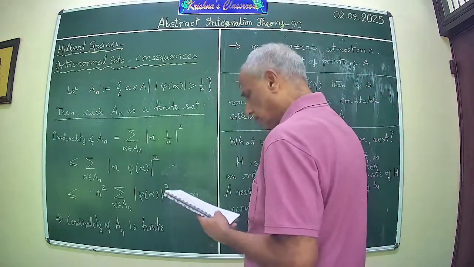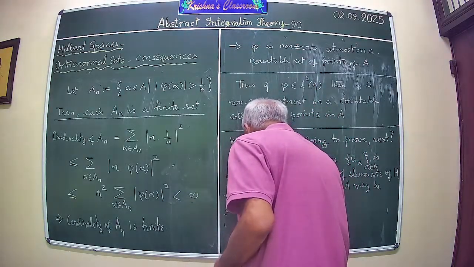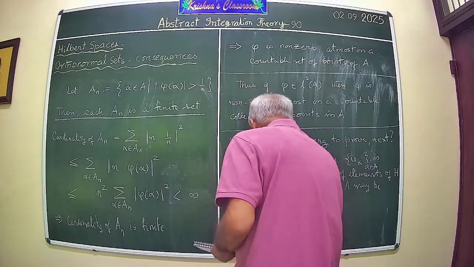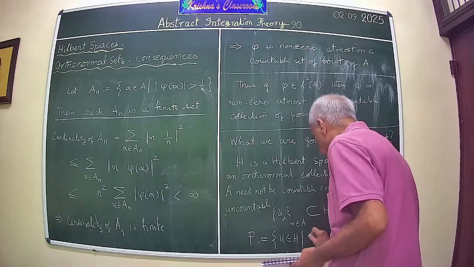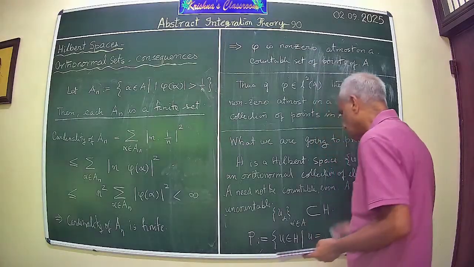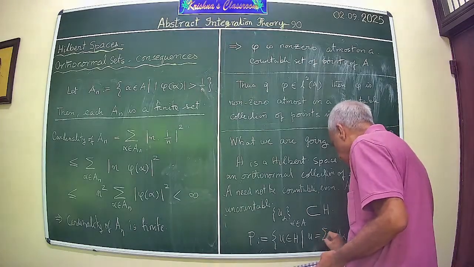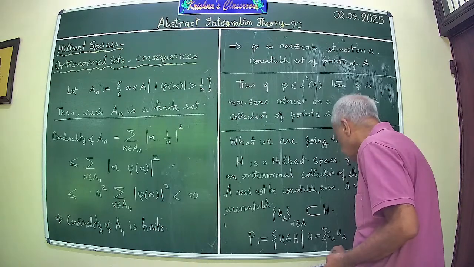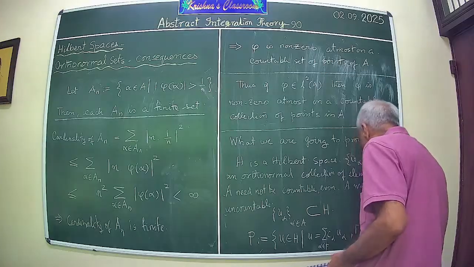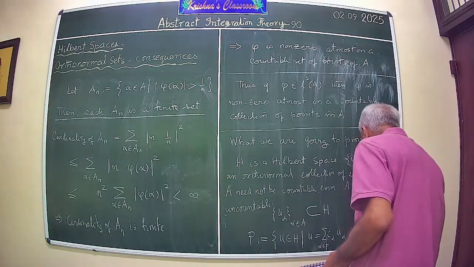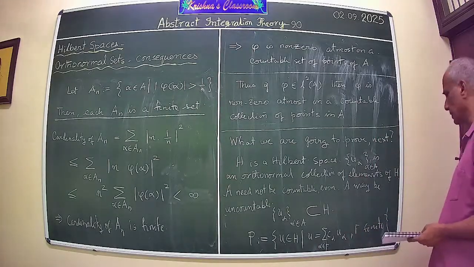So we take all the finite linear combinations of these. We denote by P the set of all u belonging to H where u is equal to the sum of c_alpha u_alpha, alpha in F, finite. So you take a finite sum of this kind.